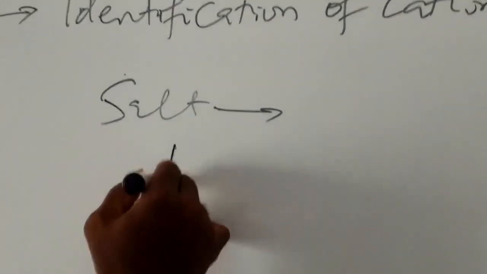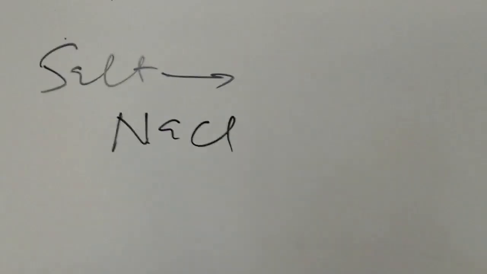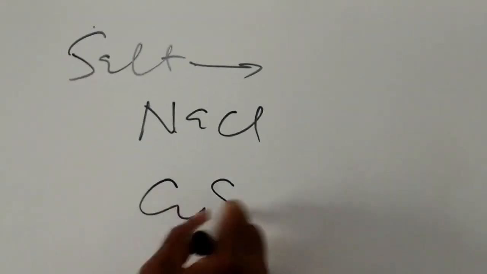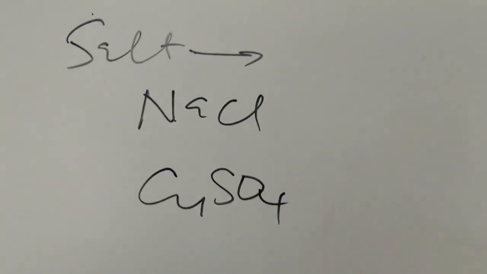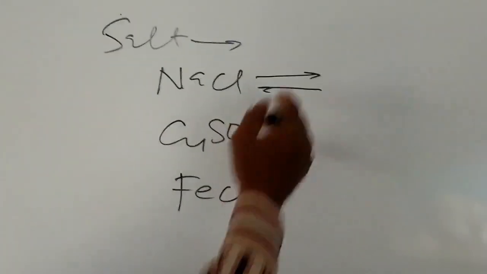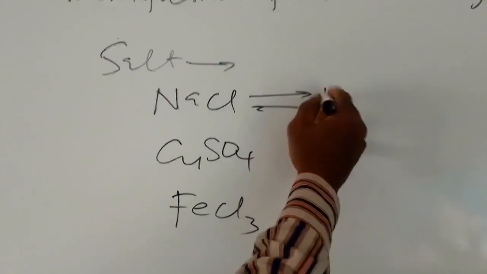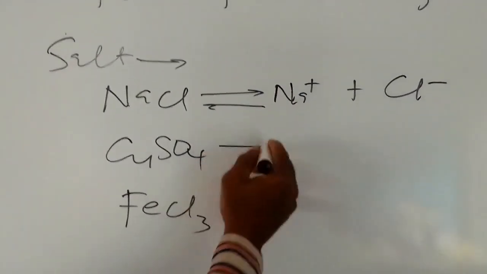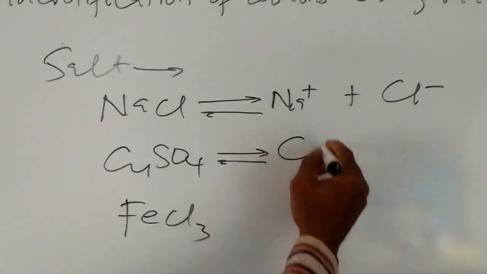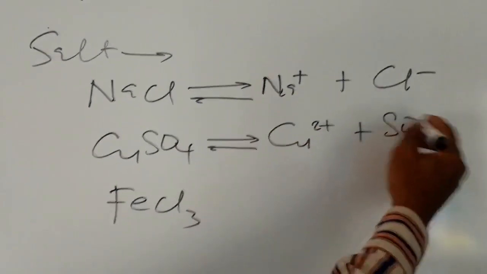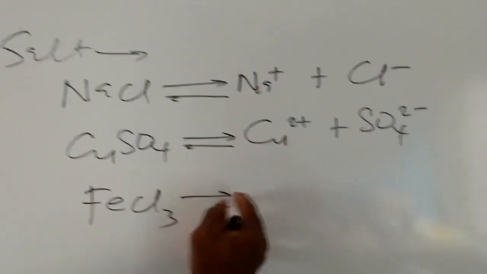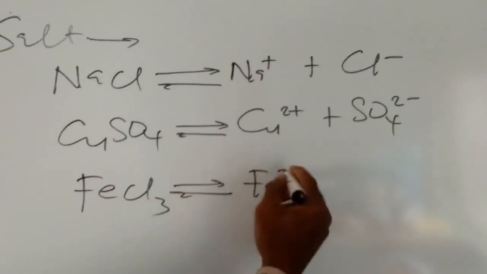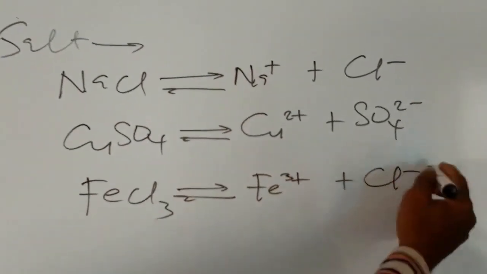For instance, sodium chloride is a salt, copper(II) sulfate is a salt, iron(III) chloride is a salt. If we ionize these soluble salts, we have sodium ion splitting from chloride ion, copper(II) ion splitting from sulfate ion, and iron(III) ion splitting from chloride ion.